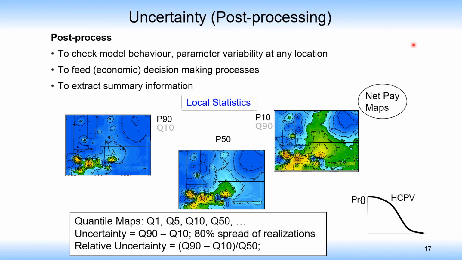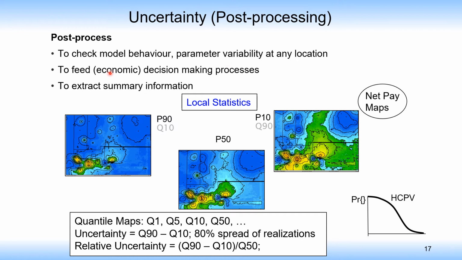From our forecasting workflows and these processes, another topic is uncertainty. So we have multi-realization models, we have scenario-based models, and we need to post-process, and that is just extract useful information. So we do want to check the model behavior and variability.